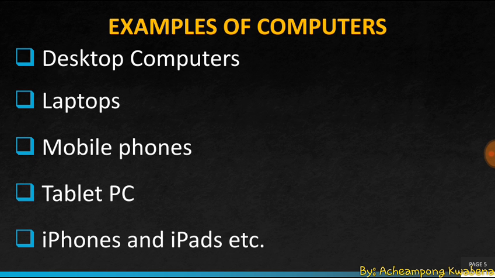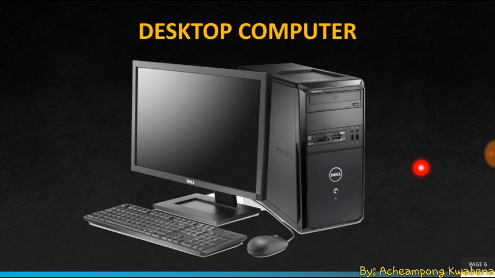We'll first look at how a desktop computer looks. We have this one to be a desktop computer, and you can see that it has many components or parts. We can see that the desktop computer has many parts coming together to form the computer system.